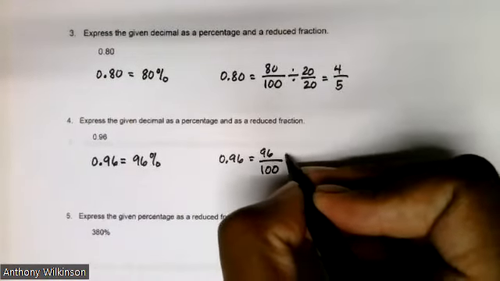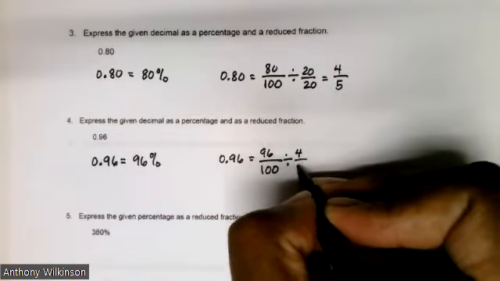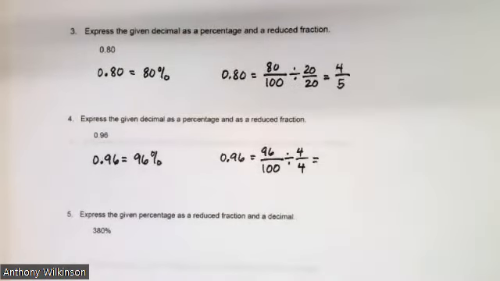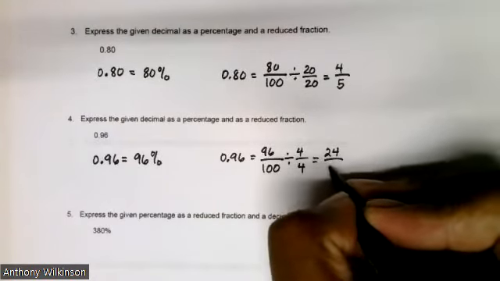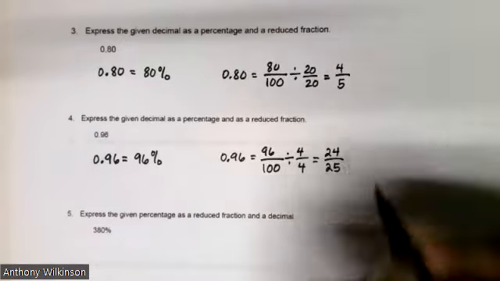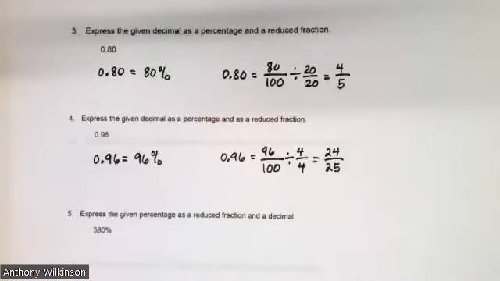In this case, this will have to be, I'm going to say, 4. And then 96 divided by 4, 4 goes into 96 24 times, and 4 goes into 100 25 times. So 0.96 as a fraction in simplest form would be 24/25.